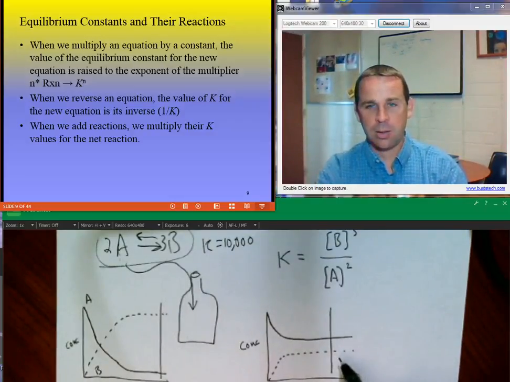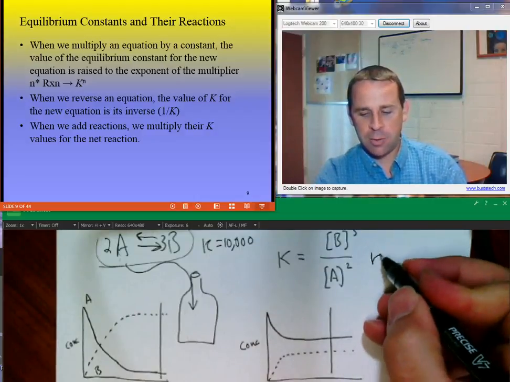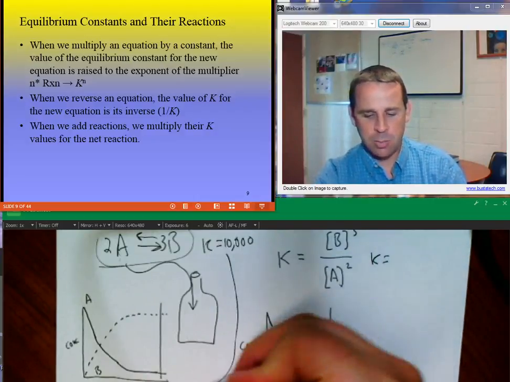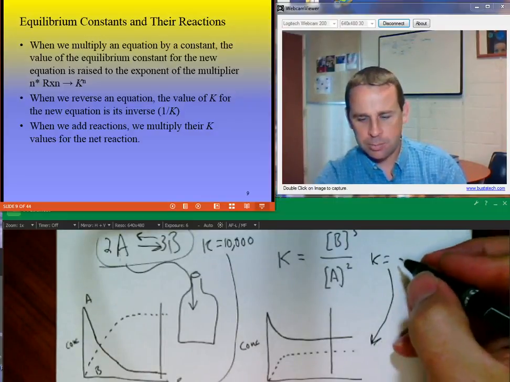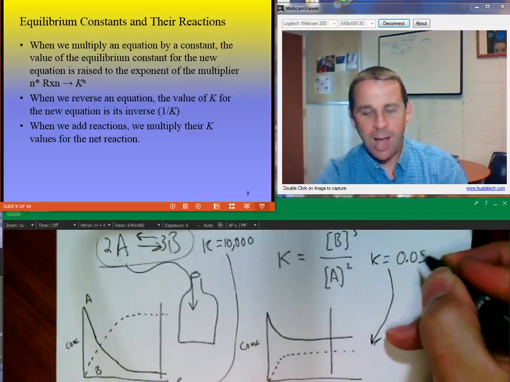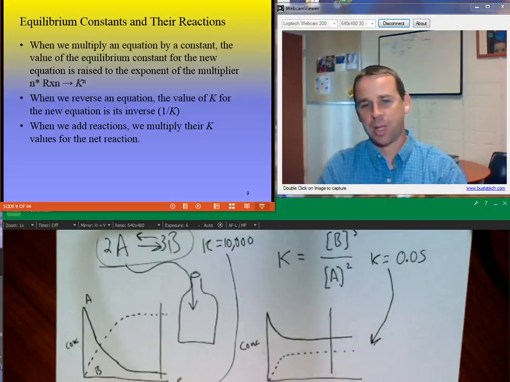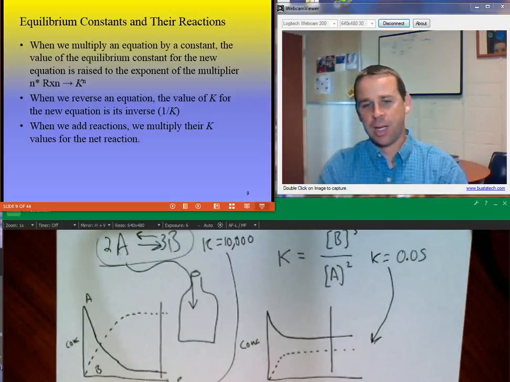On the other hand, if my K for this reaction equals maybe 0.05, a very low value, that indicates that when the reaction reaches equilibrium, it has a relatively small amount of products compared to reactants.